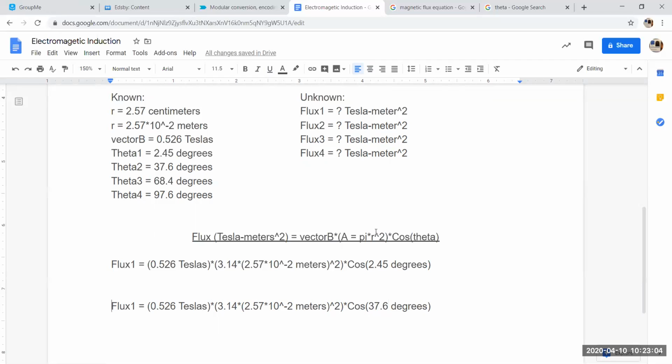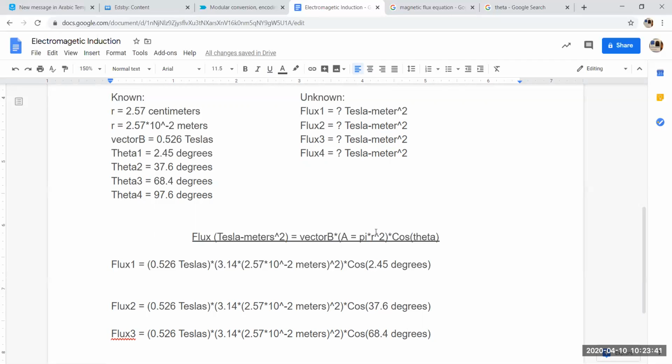Let's not forget that this is now flux 2. We have flux 3, right? And flux 3 is based upon the angle you have at theta 3. So for each of these degrees, this calculation has to be done again.